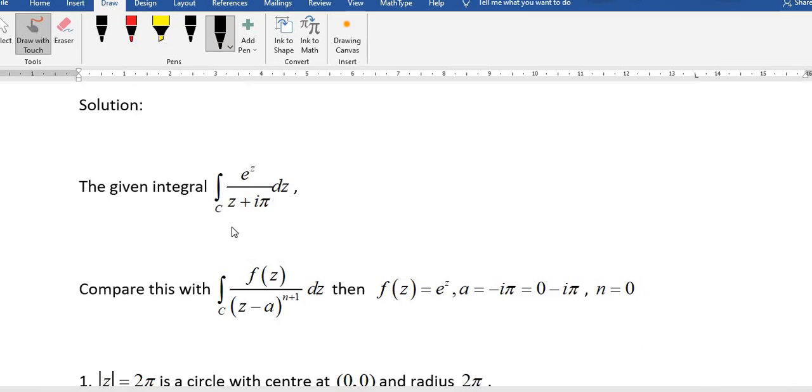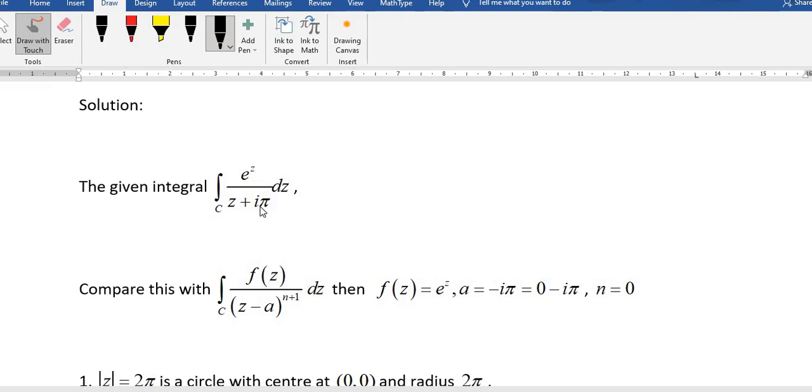Compare this integration with the integration over C of f of z by z minus a whole power n plus 1 into dz. Then f of z is e power z, a equal to minus I pi. Why?